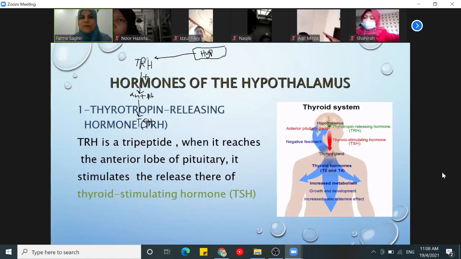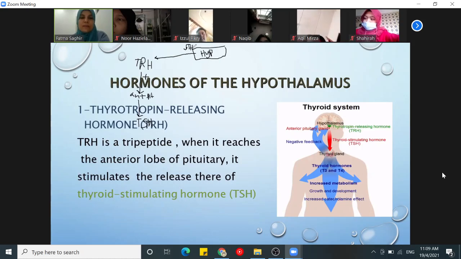We will talk about this during the thyroid gland. For example, we have low thyroid hormone in the blood, or we need more thyroid hormone for its functions. If we know the functions of thyroid hormone, we can understand when we need it.